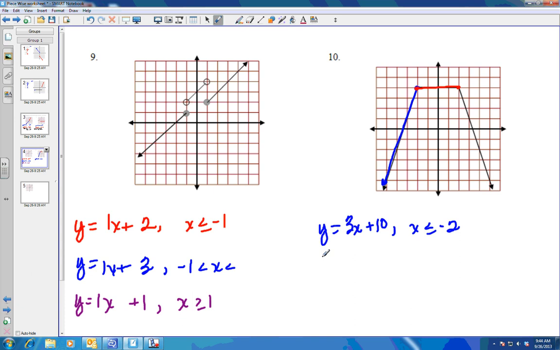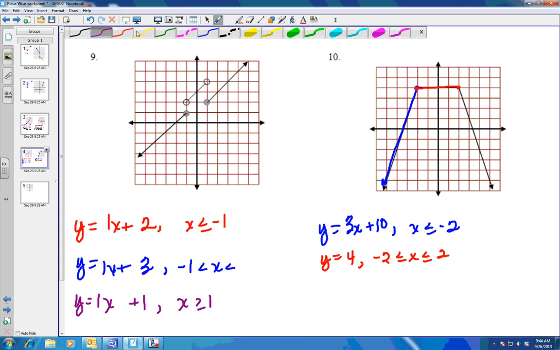Well, that's an easy one. A horizontal line at 4. I start at negative 2 and I end at positive 2. So I could write negative 2 is less than or equal to x is less than or equal to 2, like that. And then our last line is going to be this line right here.